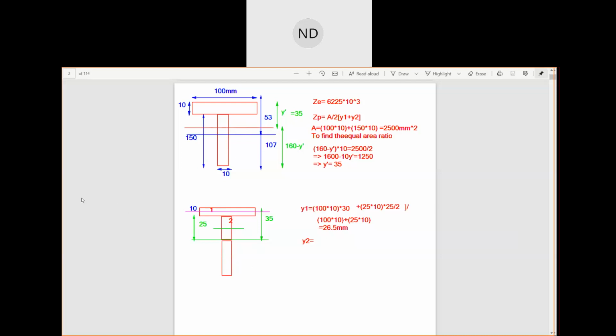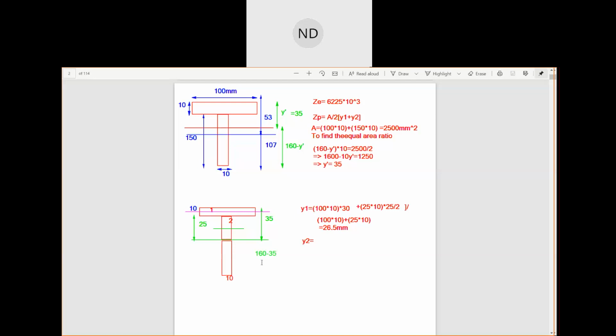Okay. So we know here this is 10 mm. This length is how much? Below the equal area axis, we know 160 minus 35.